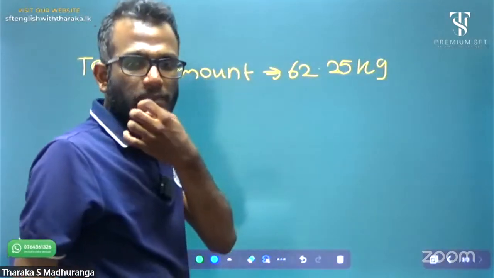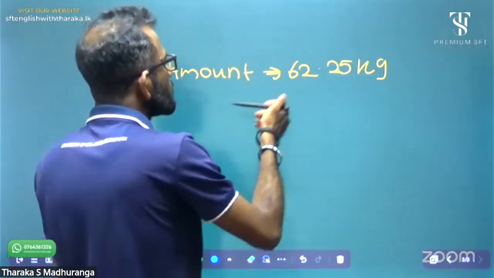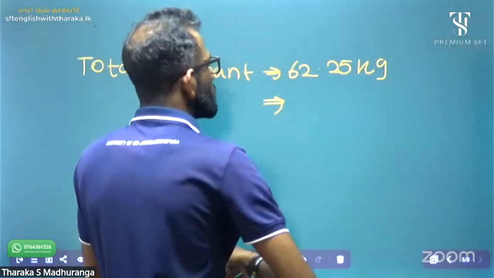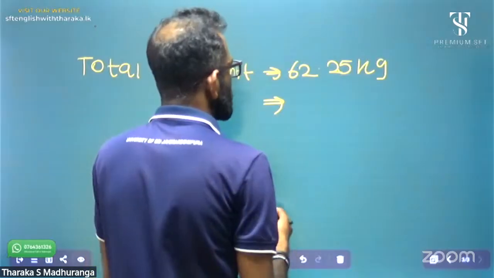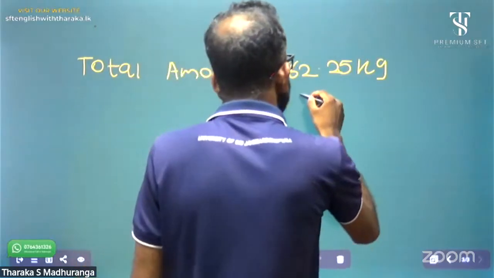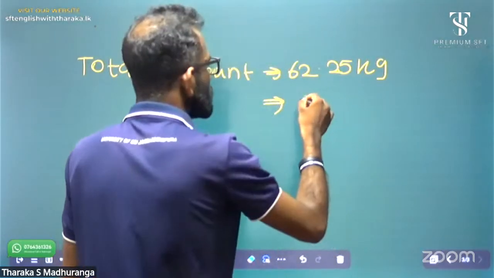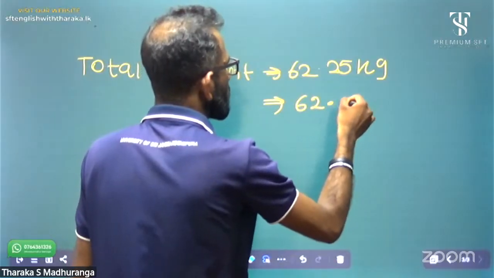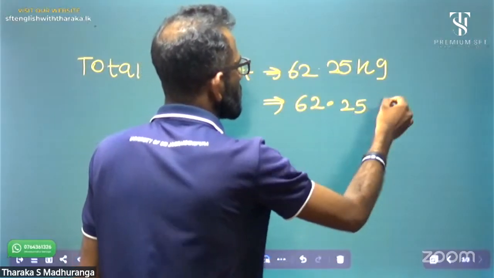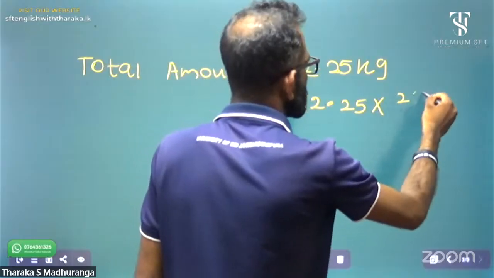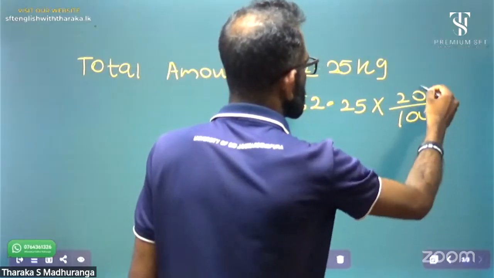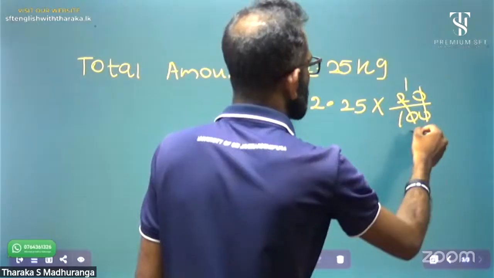But the problem: 20% lost due to wastage. Then you can get 62.25 into 20%, 20 over 100, 1 over 5.